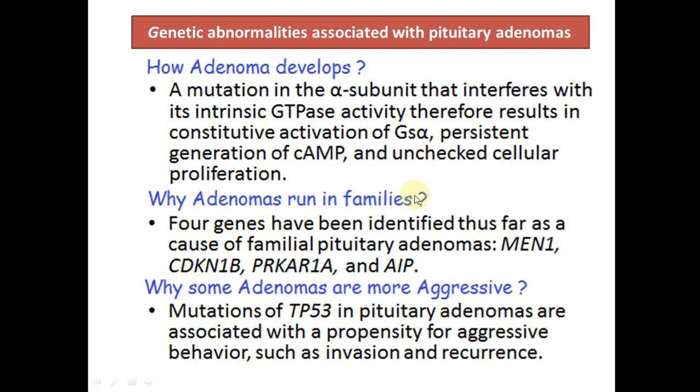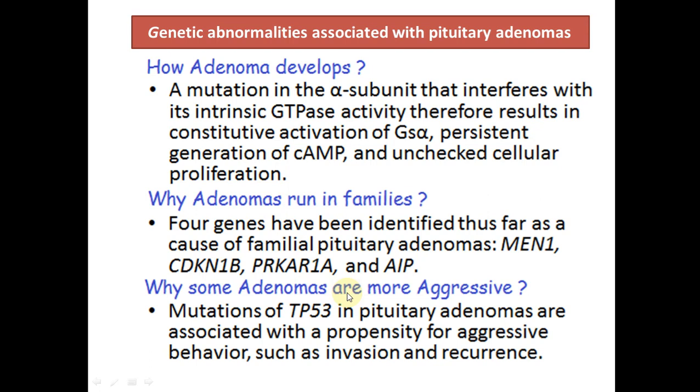So in the 5% of the familial genetic adenomas, some genes have been identified, particularly those including the multiple endocrine neoplasia 1 gene mutation. Other gene mutations are also identified. However, adenomas differ from each other in their behavior. Some are very slowly growing and some have very aggressive behavior.